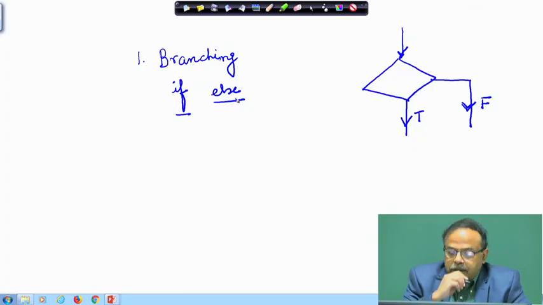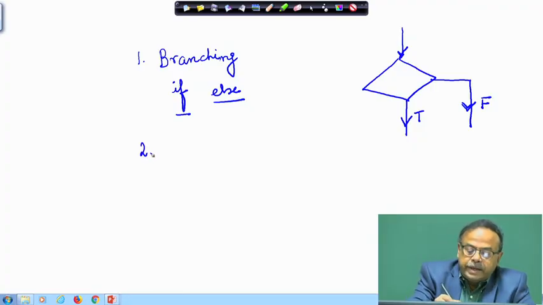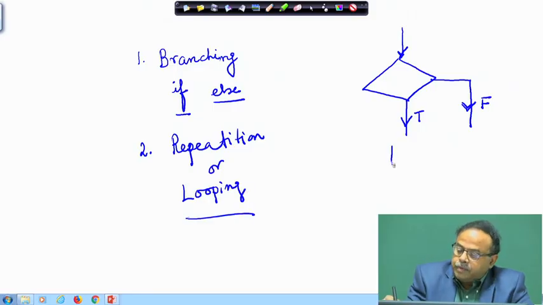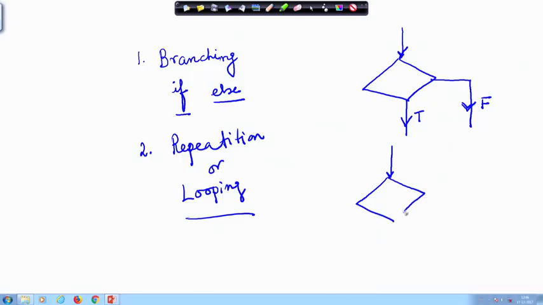The other thing that we have learnt is repetition or looping. That means we have come to a particular point, we take a decision, and based on the decision we decide whether we will go back to an earlier point or we will continue forward.